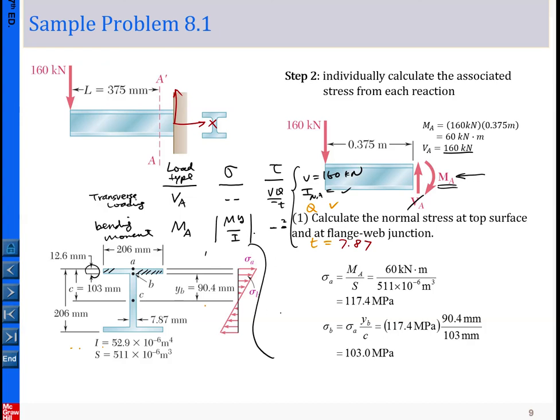So let me move the calculation to here. Let me erase this portion. Now the bending basically is this, and you can see the bending right now curves down the whole beam, the cross section like this one.